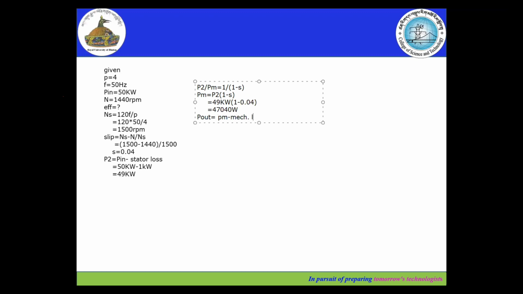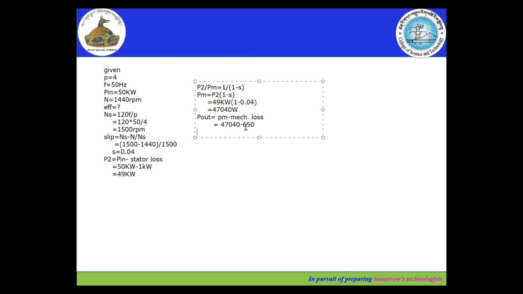So we know that our Pm is equal to 47,040 minus, we know that our mechanical loss is 650 watt.